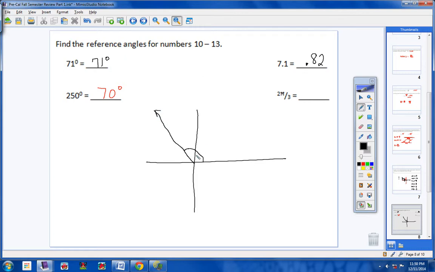Now the reference angle for this angle is always the acute angle formed with the x-axis. So we'll call this y. You moved 120 degrees. So what's left over right here? 60 degrees. So the reference angle would be 60. Okay? Alright. So make sure you know how to find reference angles.